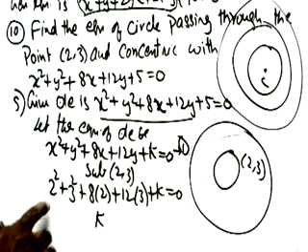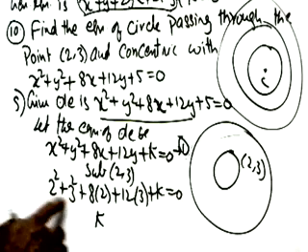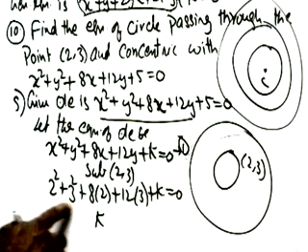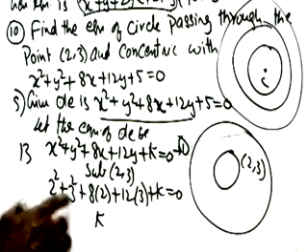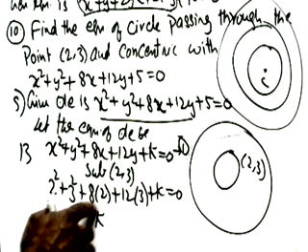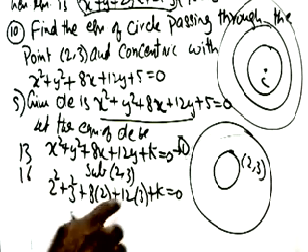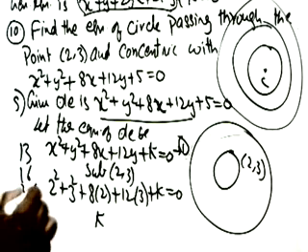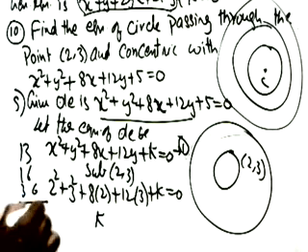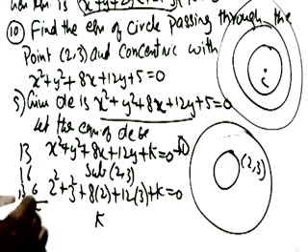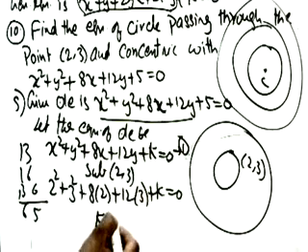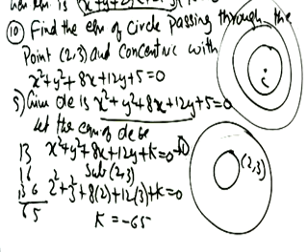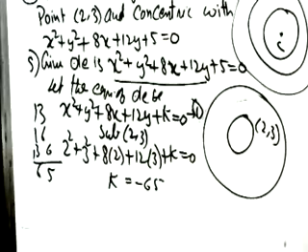Now let me find the value of k. 2 square is 4, 3 square is 9. 9 plus 4 is 13. 8 2s are 16 and 12 3s are 36. Now if you add, 12, 15, carry 1, 3, 4, 5, 6, 65. 65 on the other side will be minus 65. So we got the value of k as minus 65.